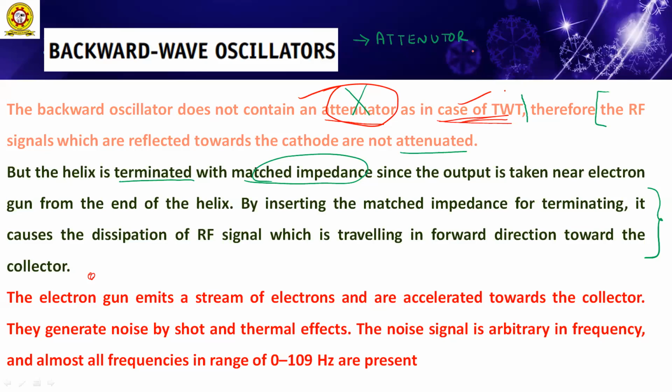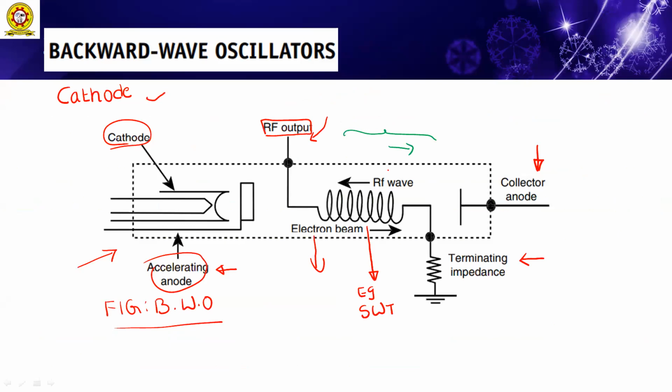But the electron beam from the electron gun, in this constructional diagram, passes through here and is focused by the axial magnetic field. If a transient results, it will generally produce RF oscillations.